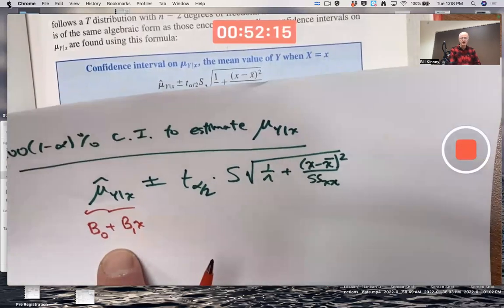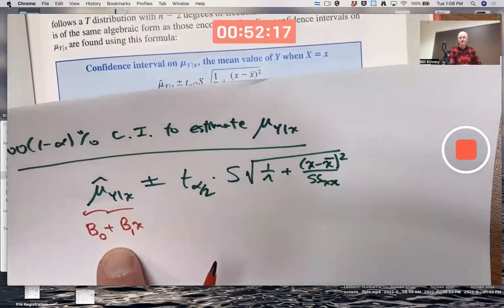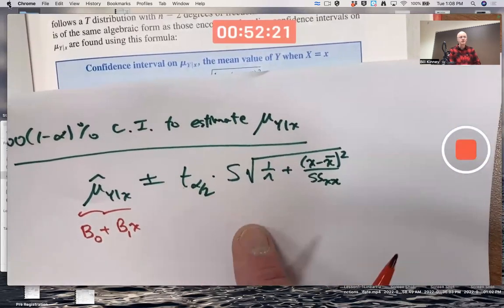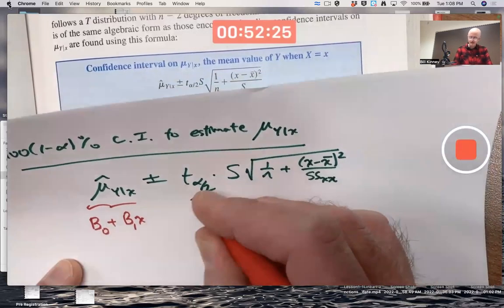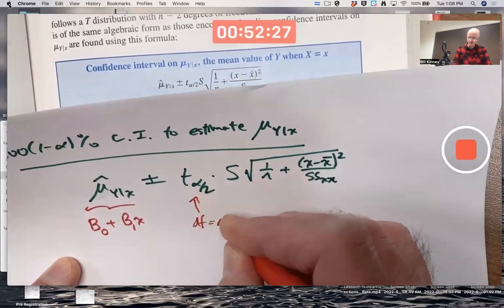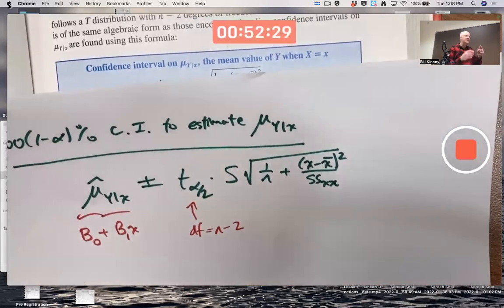You've got to use the regression line to find your point estimate, and then find all these other things to find the margin of error. And the degrees of freedom, so once again, n minus 2. With simple linear regression, df is always n minus 2.